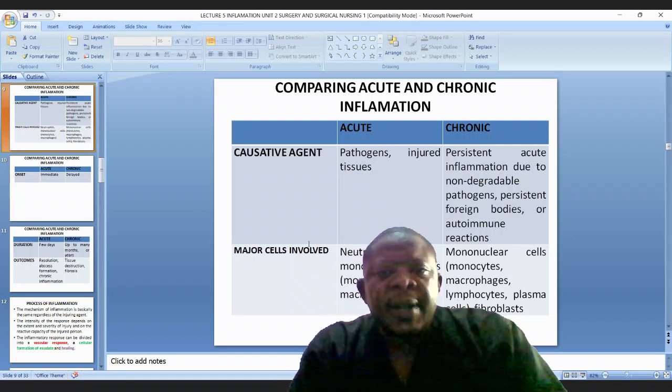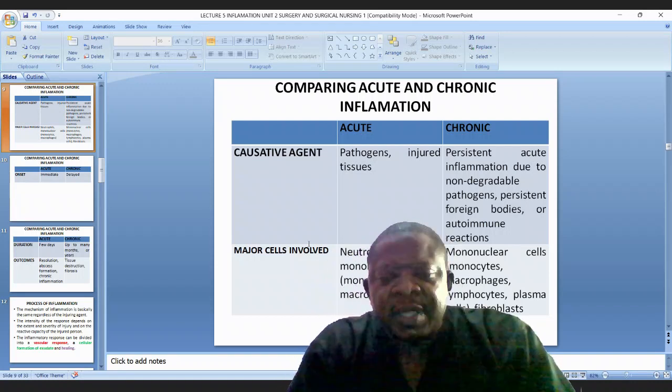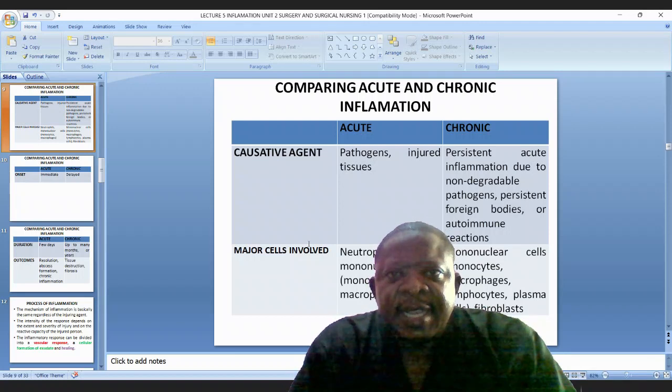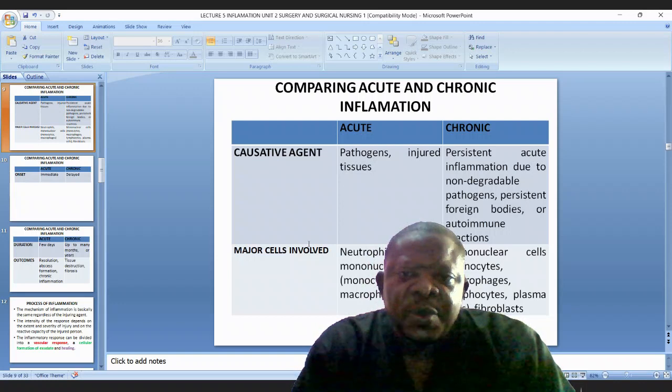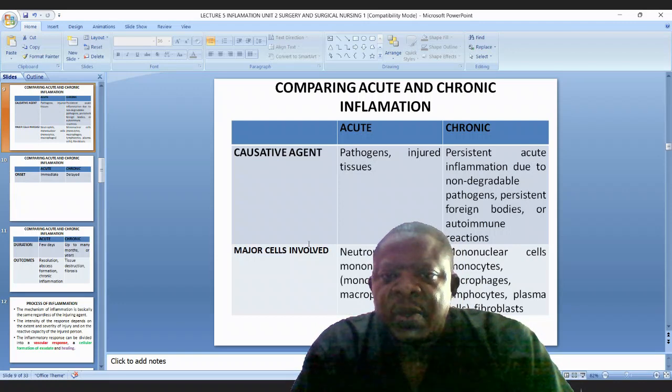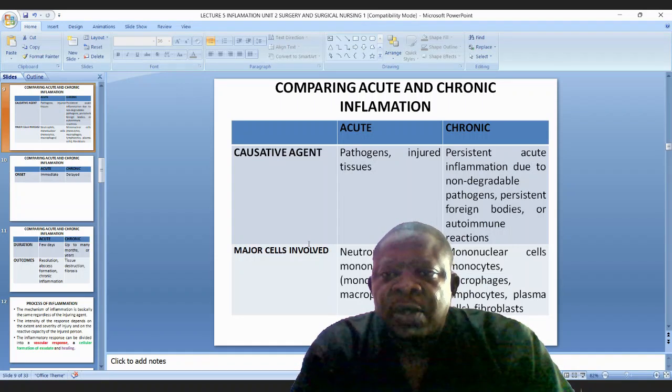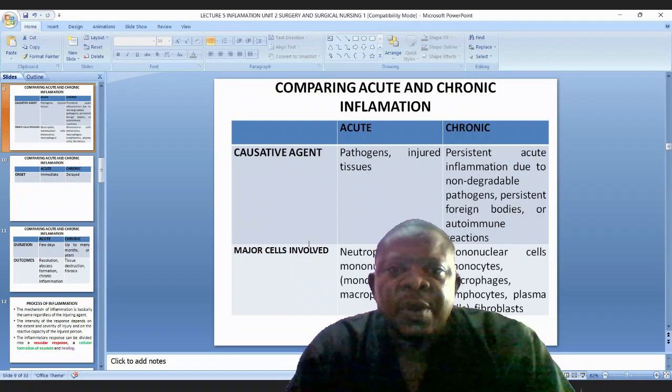Okay, then looking at major cells that are involved. When you look at acute inflammation, neutrophils, mononuclear cells are involved. But when we look at chronic inflammation, mononuclear cells are involved, macrophages are involved, lymphocytes are involved, plasma cells are involved, and also fibroblasts.